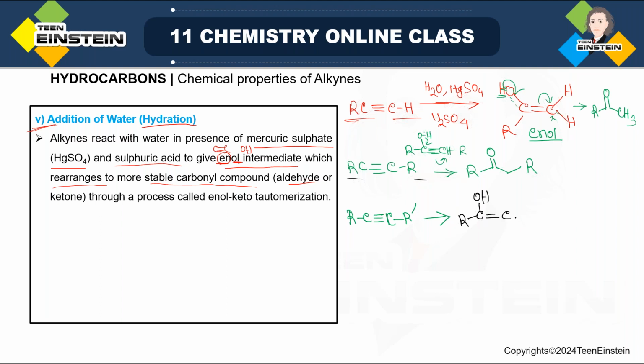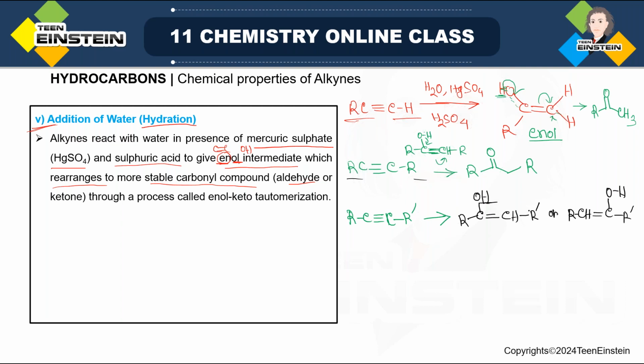Let me write the enol first: RCH double bond COH R prime, or the other one with CHR prime. So the OH group can be added to the left-hand side carbon or the right-hand side carbon.